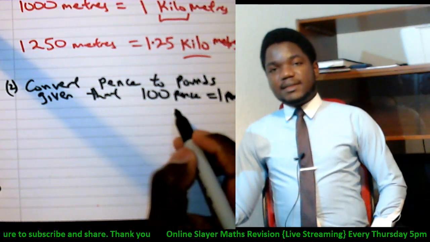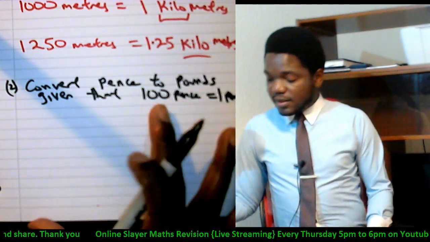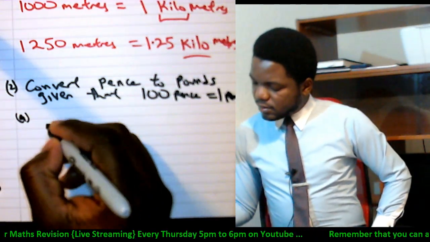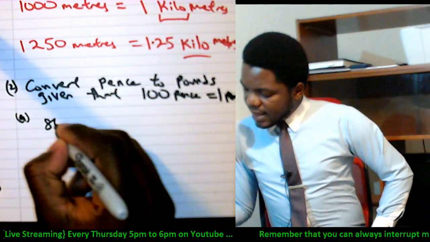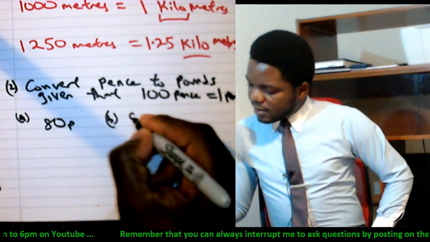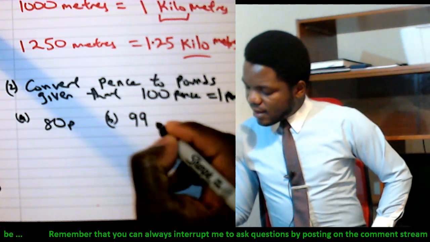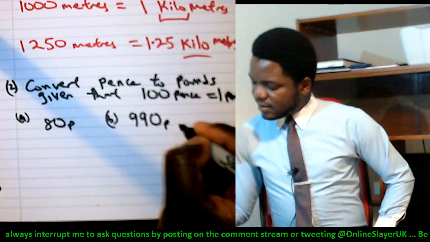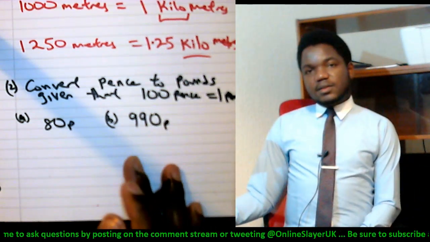Okay, 100 pence is equal to 1 pound. So how do we convert that? So the first case, 80p. Second case, 990p. Okay. Now, how do we convert this to pounds?